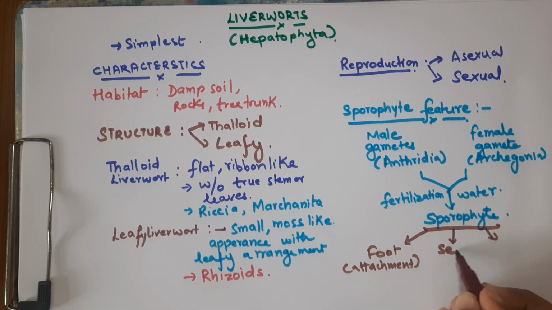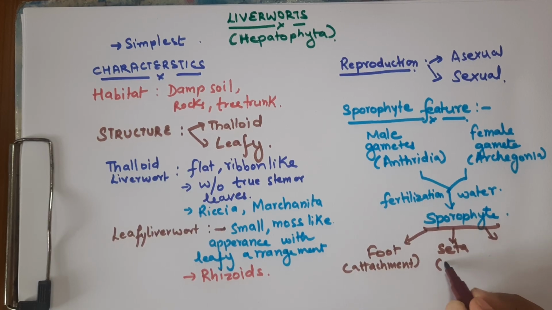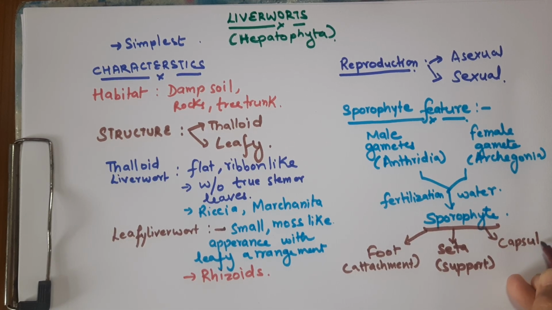Then there is the seta, the second one, which is for support. And the third part is the capsule, which is required for producing spores. So this is all about the sporophyte features.